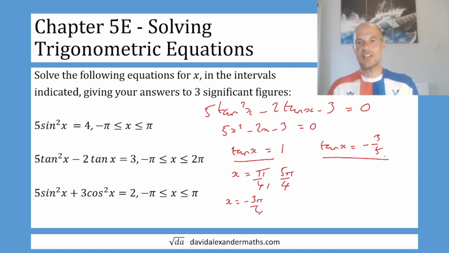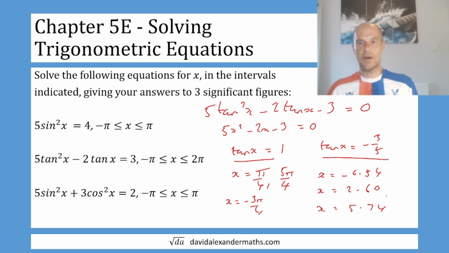What about the tan of x equaling negative 3/5? So negative 3 divided by 5, shift tan answer. I'm getting x equals negative 0.54. Add pi to that one, x equals 2.60. And if I add pi again, that will take me to x equals 5.74.